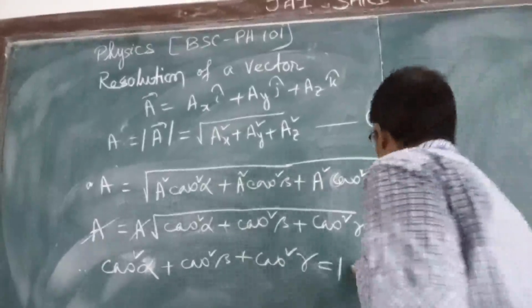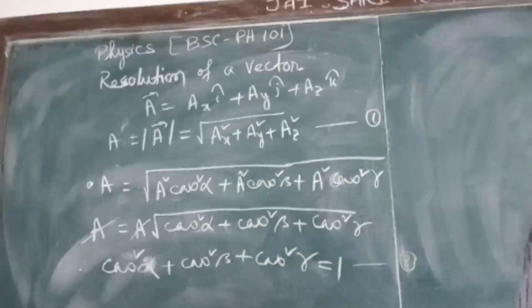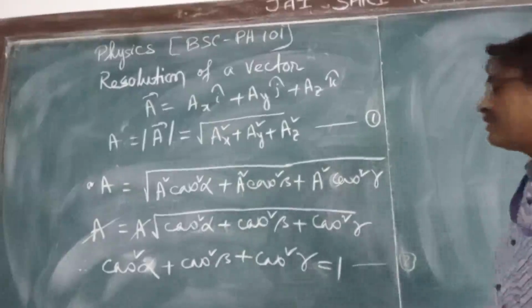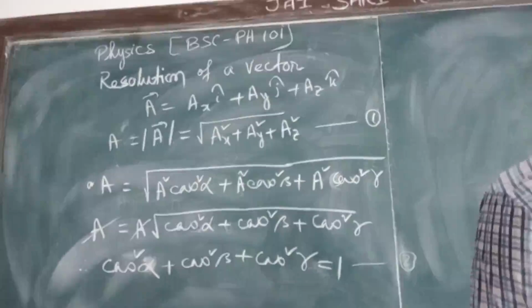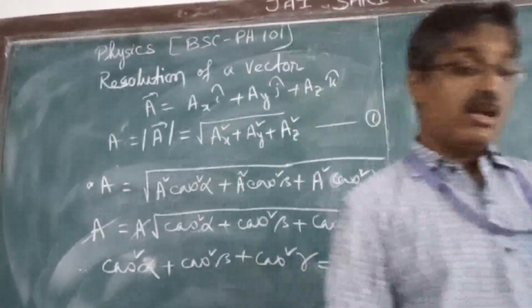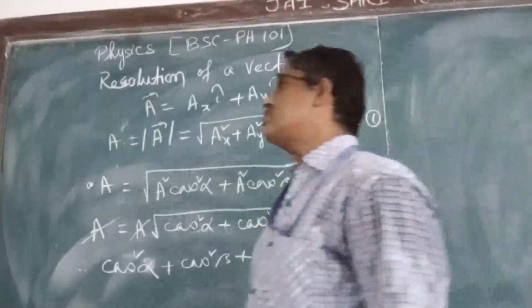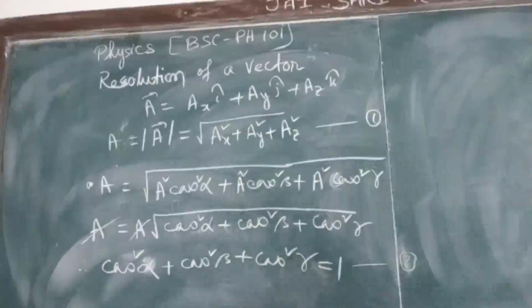This is equation 2. From equation 2, we can see that the sum of the squares of the direction cosines is unity.